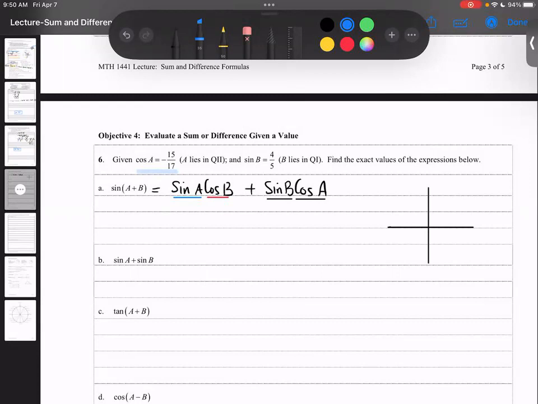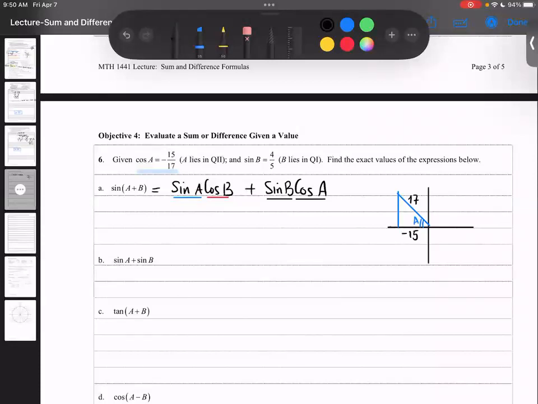A is lying in quadrant 2. That's my angle A. Cosine is adjacent over hypotenuse, so adjacent is going to be negative 15. Hypotenuse is going to be positive 17.